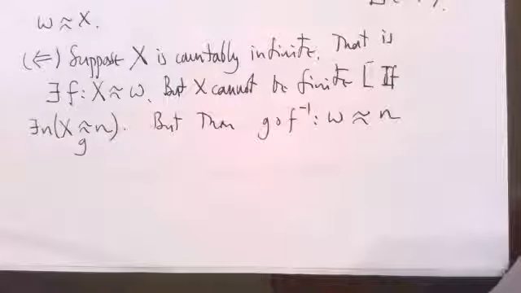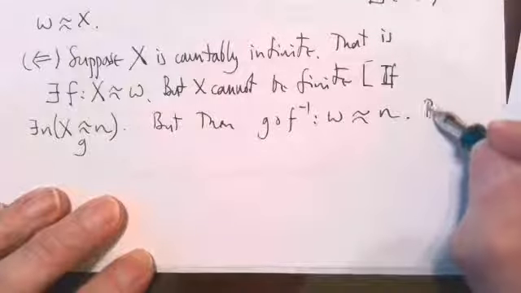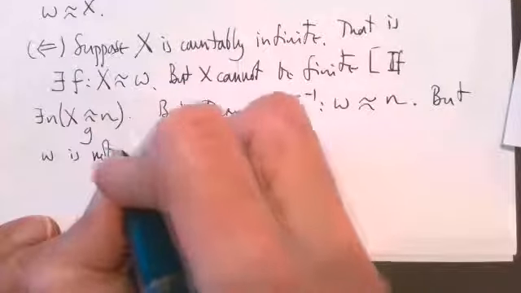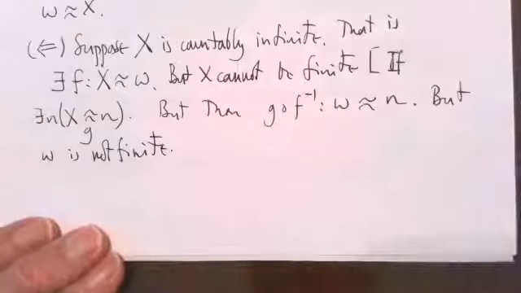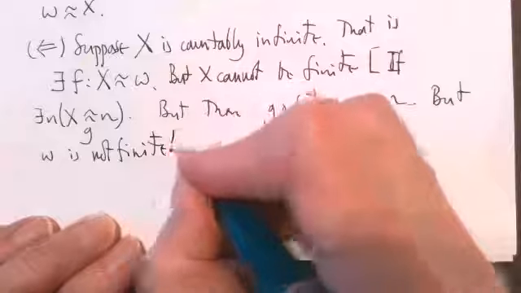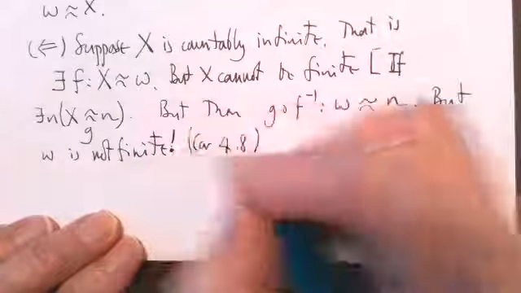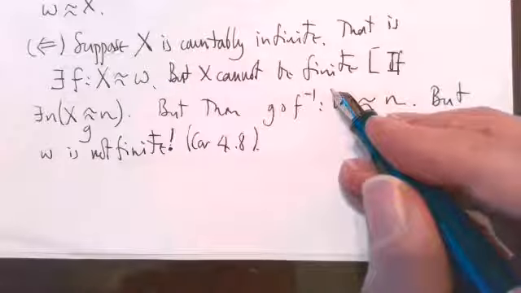We've already got one of our earlier corollaries here that says omega is not finite. I think we even said that, corollary 4.8. So X cannot be finite.